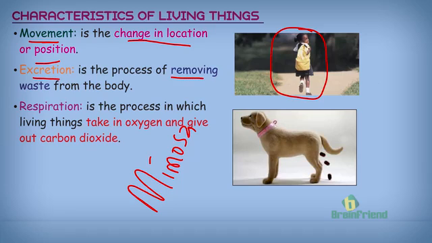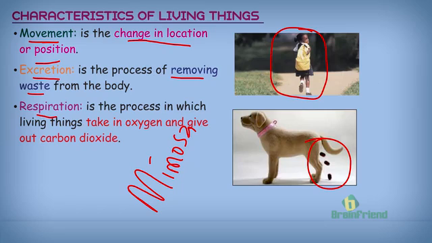It is a process in which living things remove waste from their body. Like my dog here is pooping. That's a form of excretion. Plants also have their own way of removing waste. Some examples of the organs of excretion include the kidney, the skin, etc.